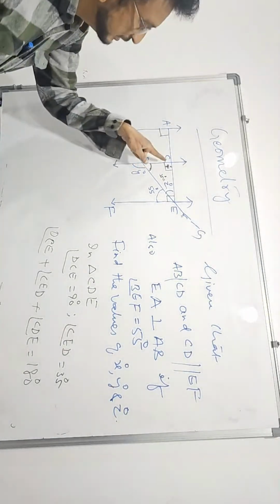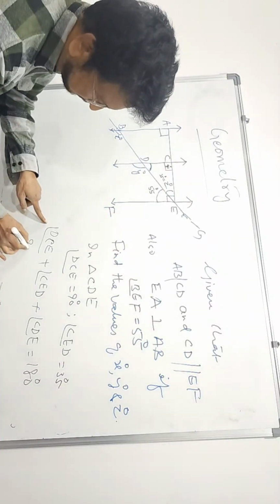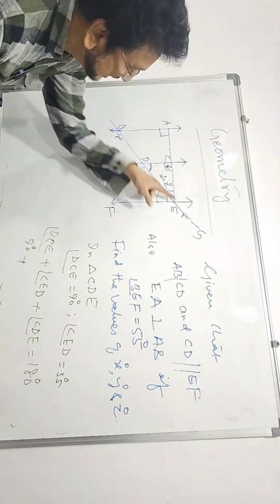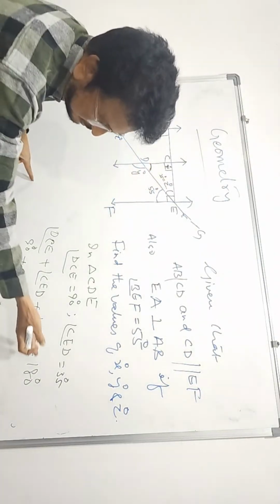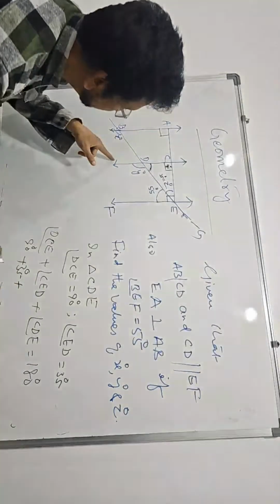Two angles we know: BCE is 90, CED is 35, we found just now. Now the third angle CDE we can find out.